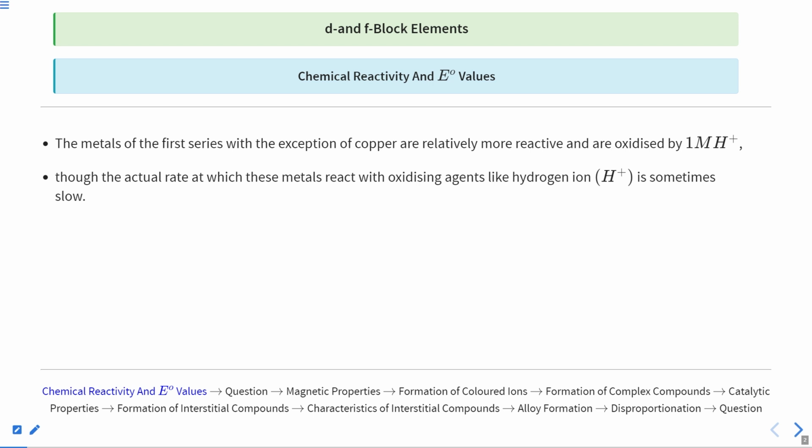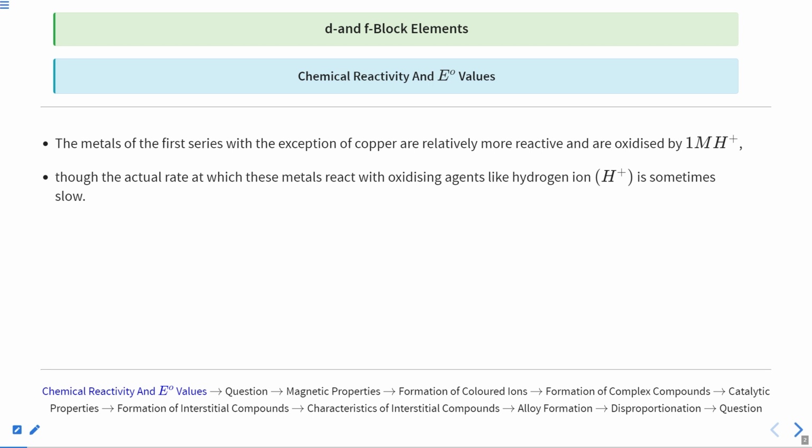So basically, we are going back to electrochemistry here. If you take two chambers, and in one compartment you take a 1 molar copper salt solution, and in the other one you take the 1 molar H plus solution, then you will see that the other one will get oxidized, while the metal salt solution will get reduced.